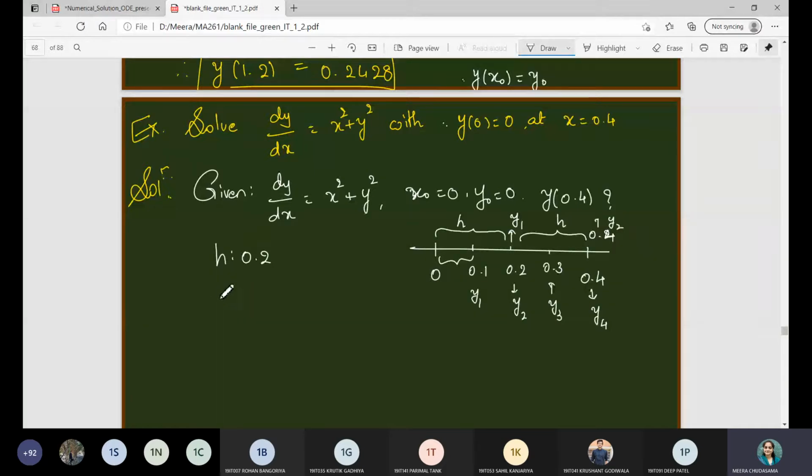And h raised to 4 will be 0.0016, so we will have approximation up to 4 decimal places. So we will go up to the 4th order derivative in this case, since we have considered h as 0.2. If it is not given, you can judge accordingly by considering the total number of marks. Suppose here the marks given is 4.